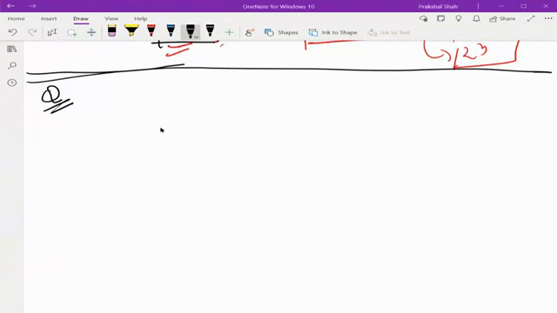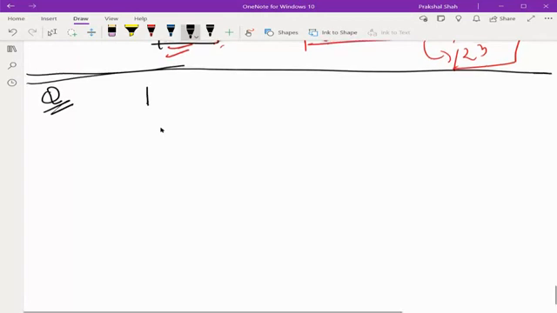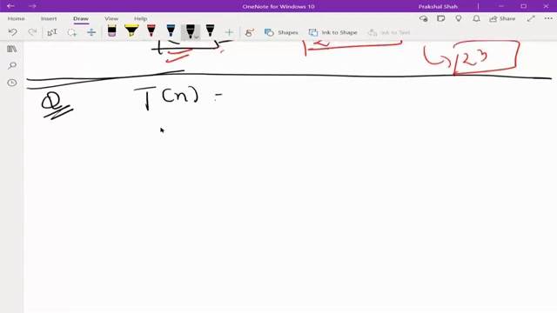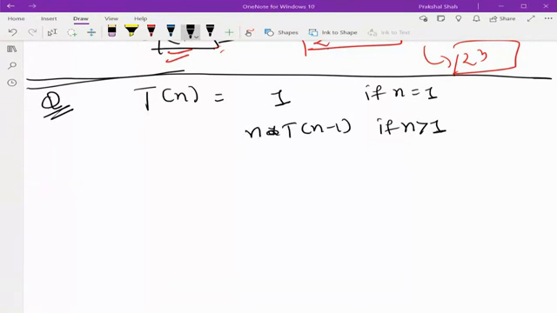If you have a recurrence relation like this: T of n is equal to 1 if n is equal to 1, and if n is greater than 1, then your answer would be n multiplied by T of n minus 1.